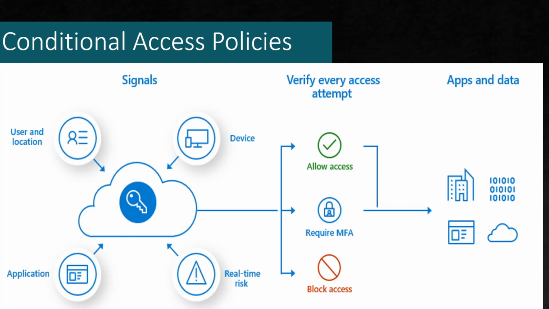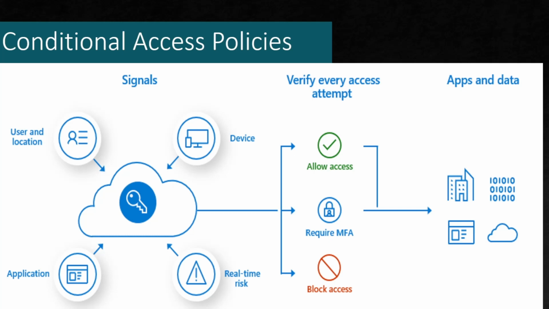Now, this reality has prompted organizations to put in place a more robust solution for identity and access management. And this solution should have the capability of utilizing identity based signals as part of their access control system.